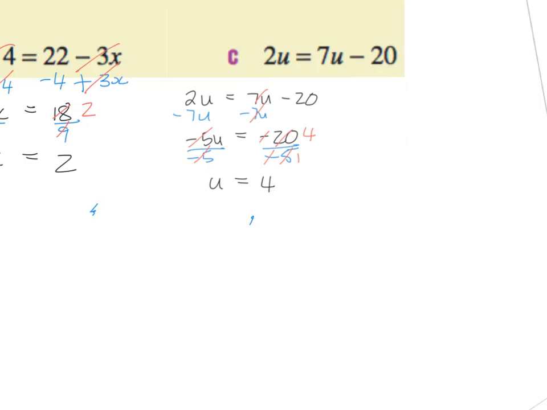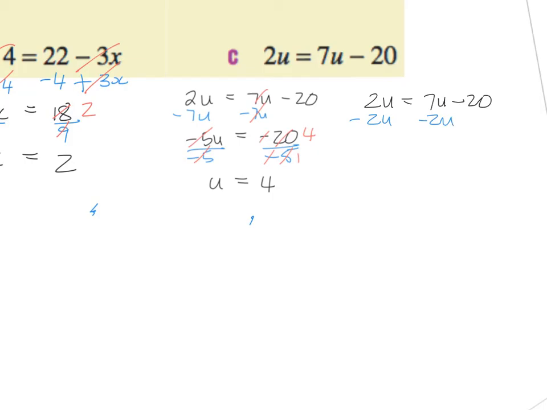Let's do the same problem. Some of you have mentioned to me that you will always get rid of the smallest u. In that case, it means you'll have to take away 2u on this side and take away 2u on this side.